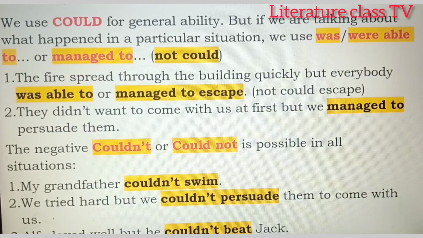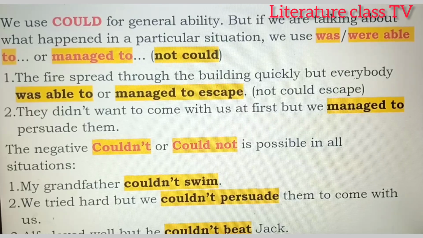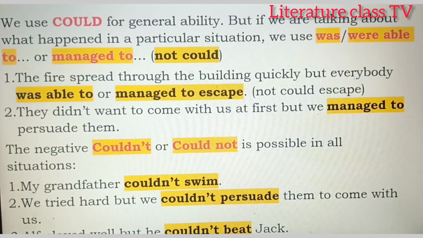We use could for general ability. My grandfather could speak 6 foreign languages. My grandfather had that ability.